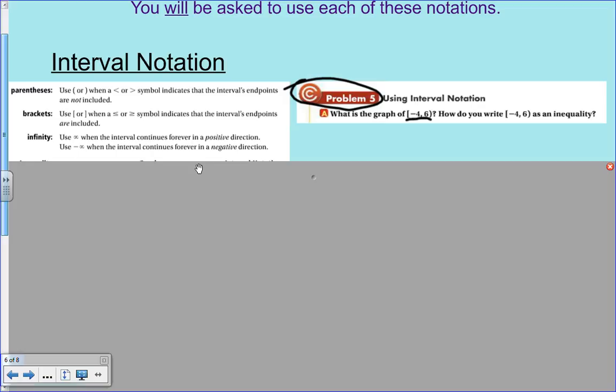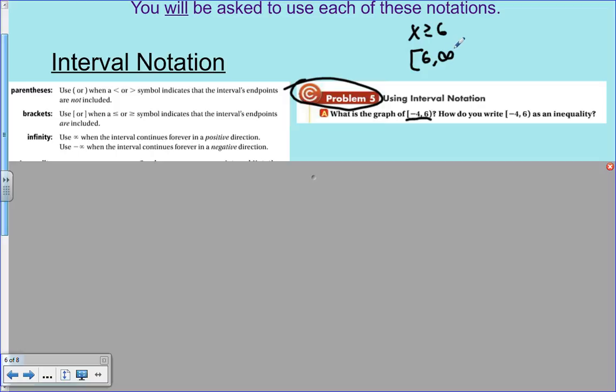So you can do regular inequalities, and they just go on if they like, and I'll use an example. If you have x is greater than or equal to 6, 6 would be the endpoint, and since it would be equal to, we'd have the bracket around the 6, and it'd go on to the right. If you think of the graph, it'd go on forever, so it'd go into infinity.